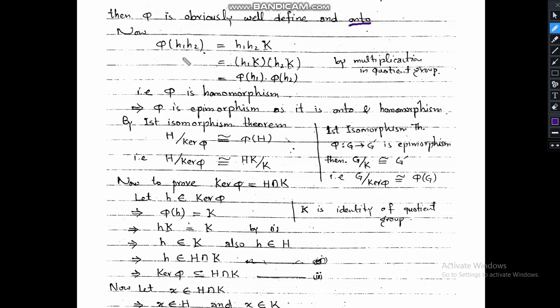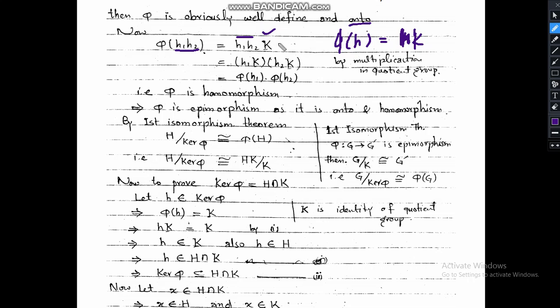Again I am applying this mapping on the composition of two elements h1 and h2. This is phi, and as per the definition which is mentioned in equation first, the phi of h, the mapping of any element, will be equivalent to hK. This is small h and this is K. This is the hK. So here this h1 h2 will be multiplied by K as per the equation first.